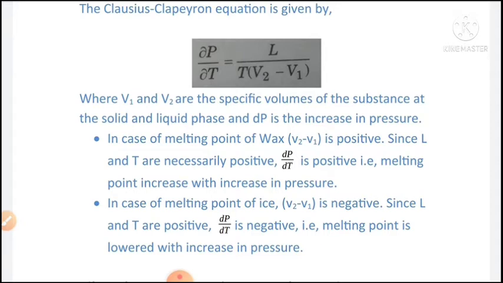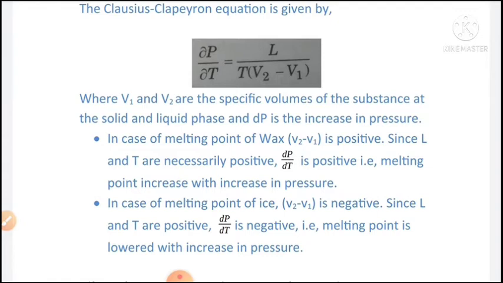Since L and T are necessarily positive, because latent heat and absolute temperature are necessarily positive, dP/dT is positive. That is, melting point increases with increase in pressure. You have to remember that point.